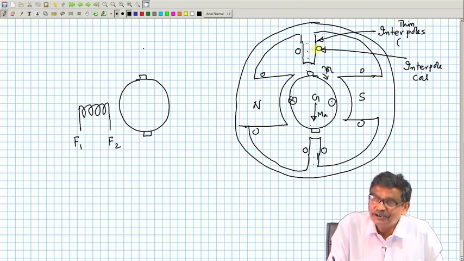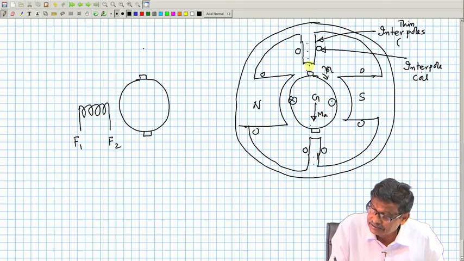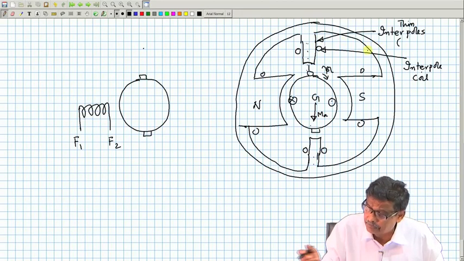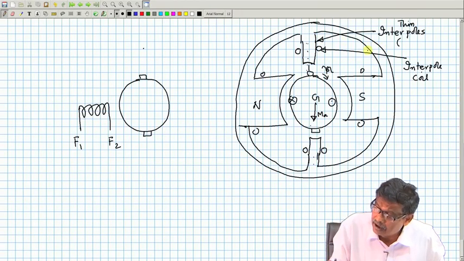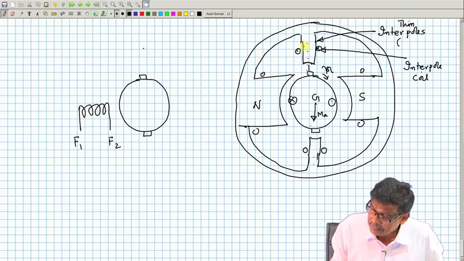To oppose this quadrature axis flux, which would have caused the problem if interpoles were not there, I must pass cross current here and dot current there. Similarly, cross current here, dot current there.